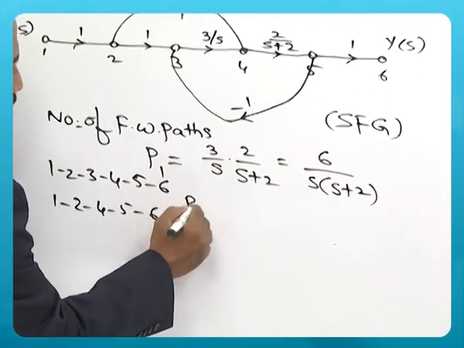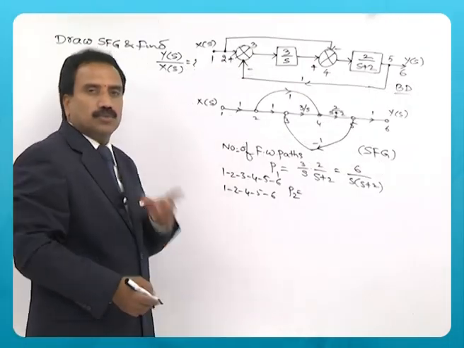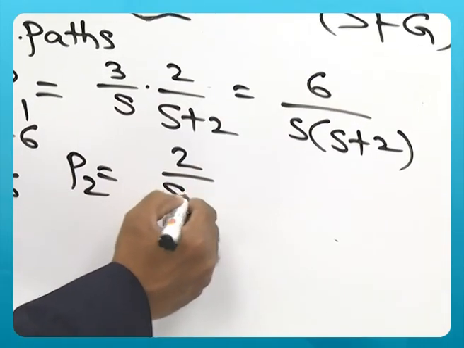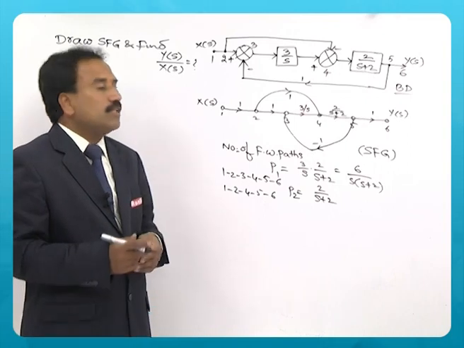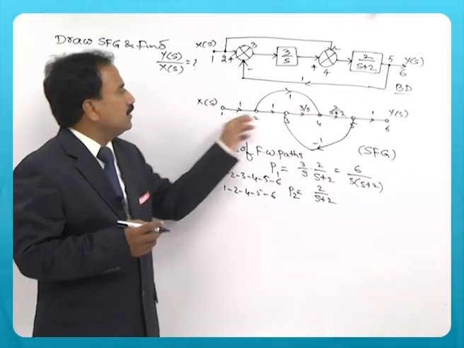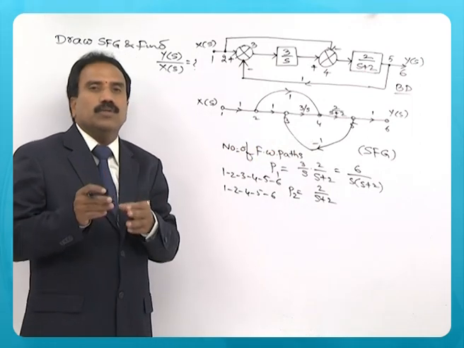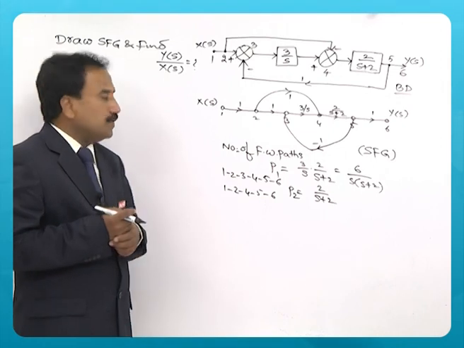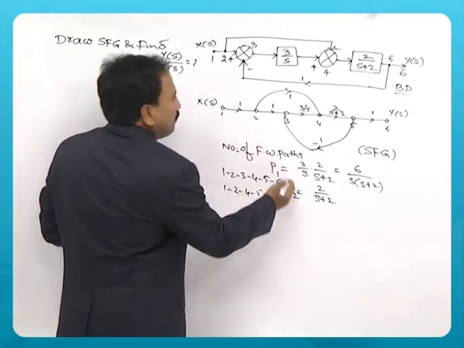So P2 is forward path 2 and its gain is 2 by s plus 2. No other forward paths exist. Remember, while identifying a forward path, no node should come more than once, connecting input and output variables. So this is P1 and P2.